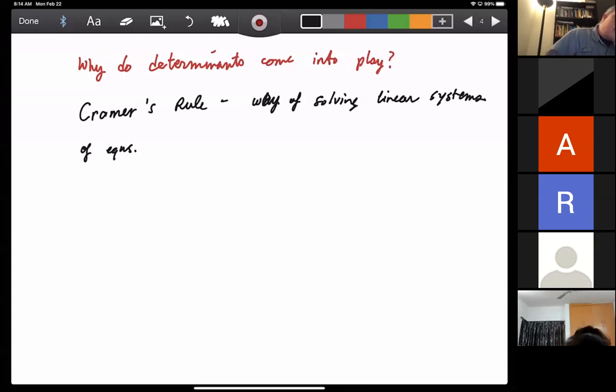if you have the right type of linear system, you can look at certain matrices that are related to the coefficients in that linear system. And you can write down the solution in terms of determinants of those coefficient matrices. Right, essentially it gives you a formula.